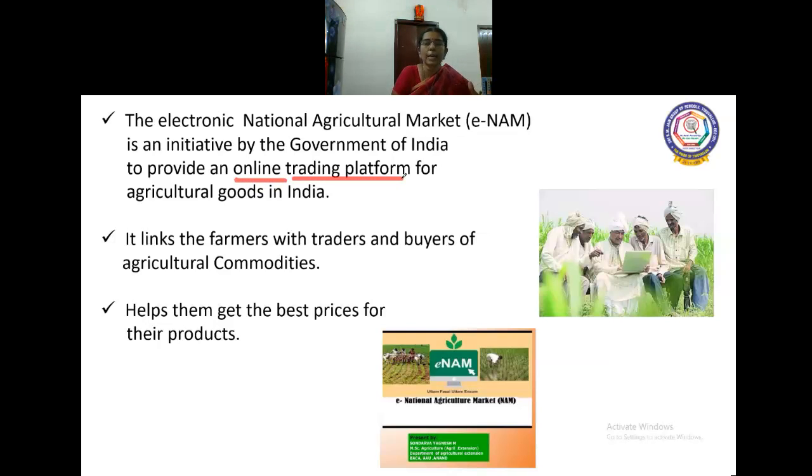Through eNAM, farmers are able to sell their products through online trading, and even the payment is made by the buyers and traders to the farmers online. So this online trading platform called eNAM helps them to get the best prices for their products.